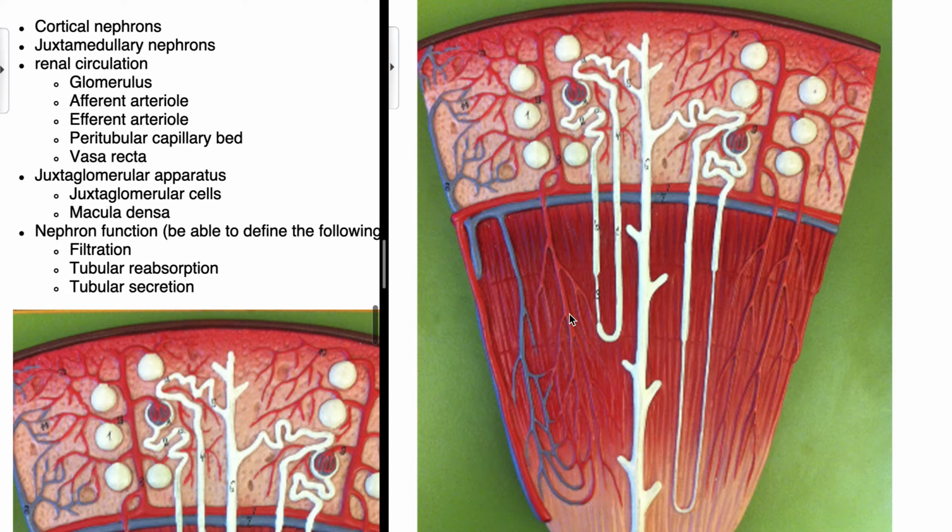So what's an example of when the loop of Henle breaks down? Well, if you have persistently high blood sugar for any particular reason, and that goes on for a long period of time, the red blood cells will actually change shape and they will not flow as easily through very narrow blood vessels. The narrowest blood vessels are your capillary beds.